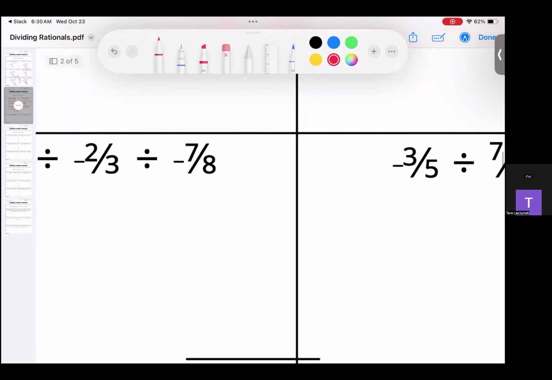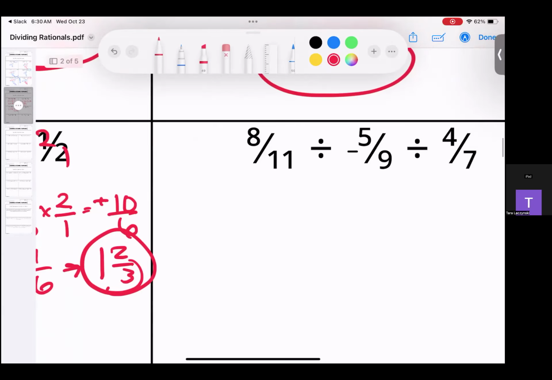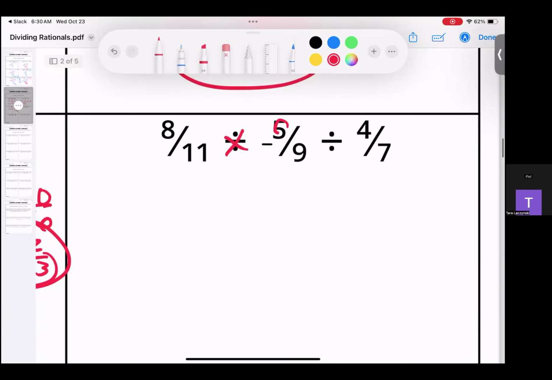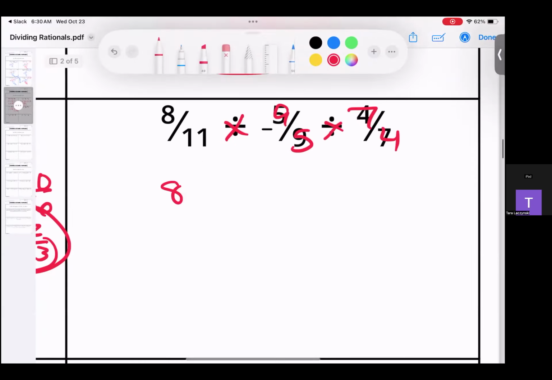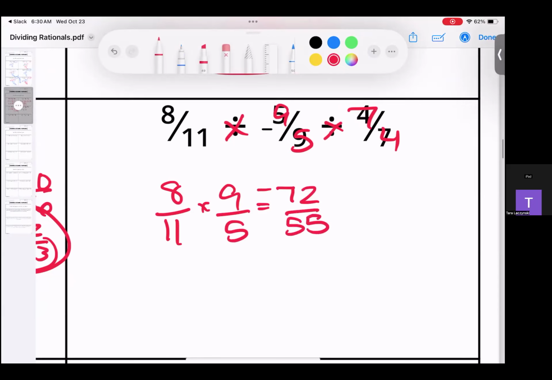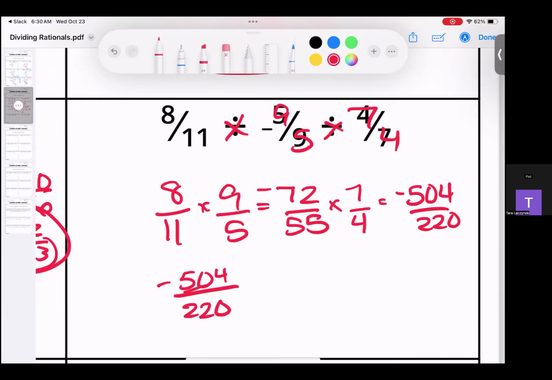Coming down, oh, did I do the other side? No, I didn't. Multiply by opposites. 8 over 11 times 9 over 5 is 72 over 55, which can't be simplified except if we rewrite it as a mixed number, which we don't want to do, because you can't actually multiply a mixed number in a fraction.